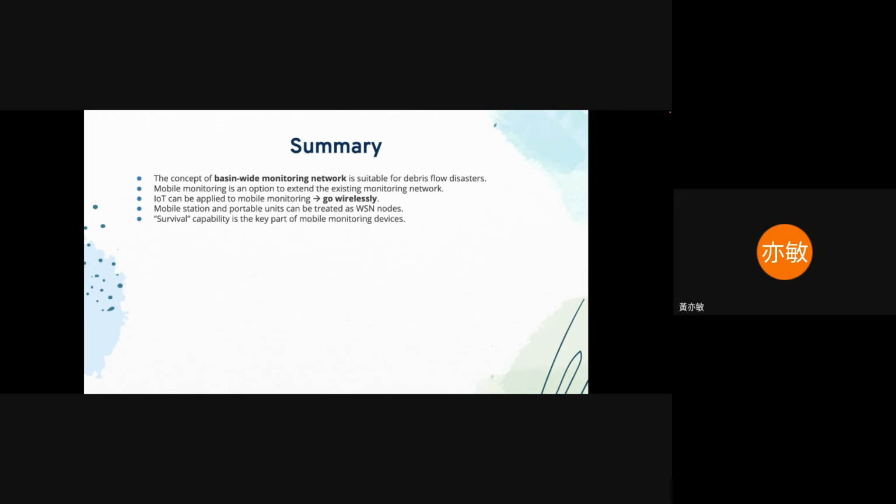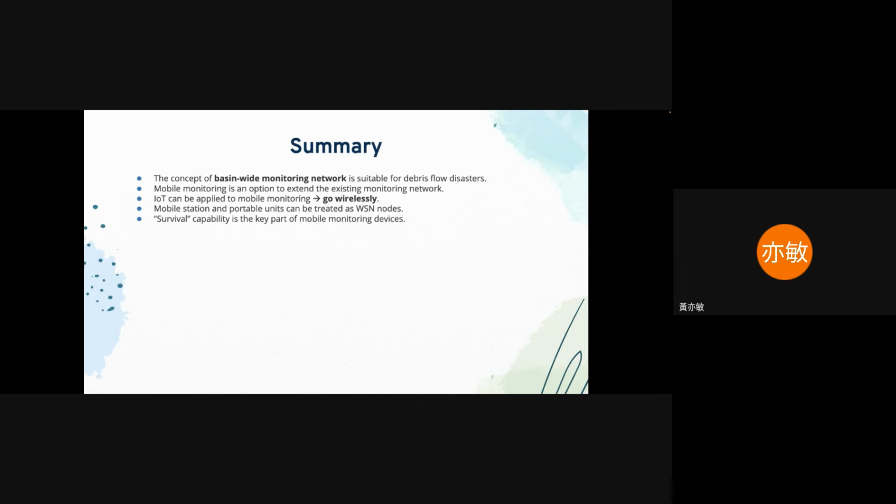So in summary, whenever we design a monitoring system, we usually think about on-site monitoring. We install sensors on the site, but we can also consider creating a movable monitoring network, so the sensors can be put at a location whenever we need it.